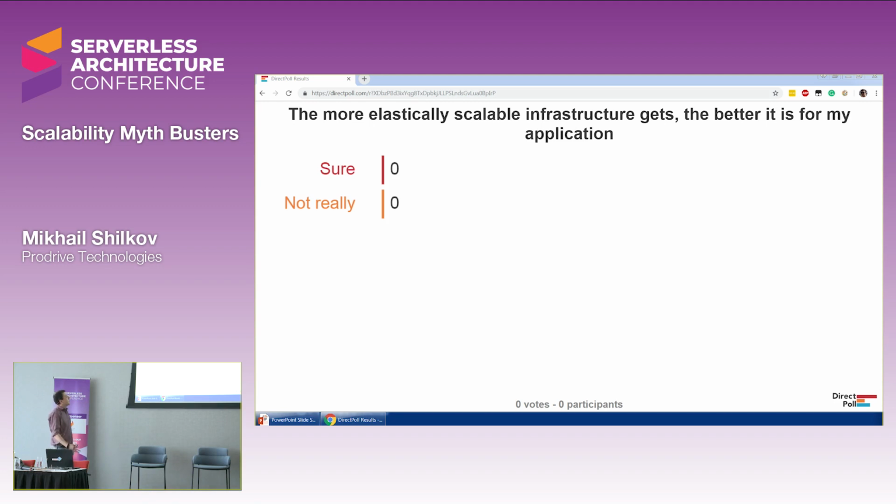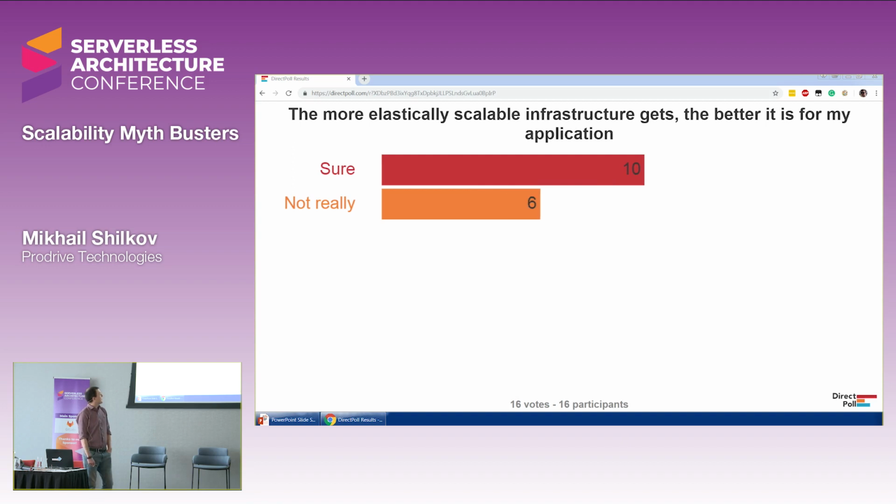The more scalable your infrastructure gets, the better it is for our application. Yes, people want as much scale as they can get, which is fine. We'll talk about this during the slides.